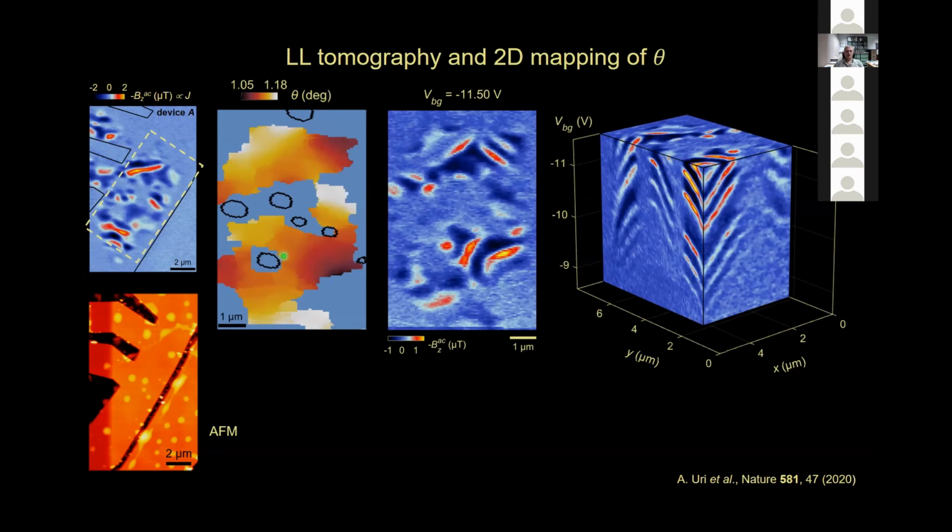But now you have to realize that this map, this topography of twist angle, is essentially the energy landscape for the Landau levels, since the Landau levels have to follow the bottom of the band, and the twist angle determines the bottom of the dispersive band.